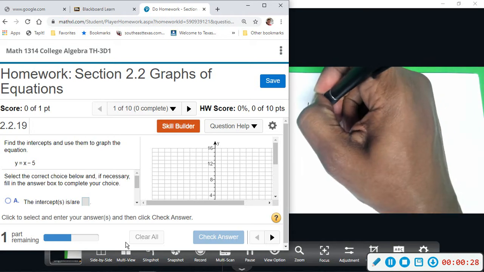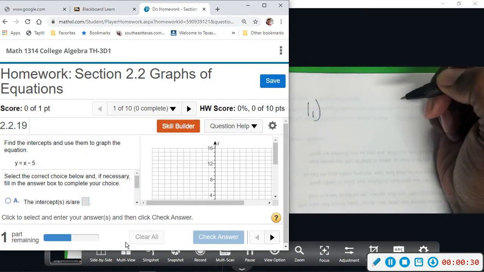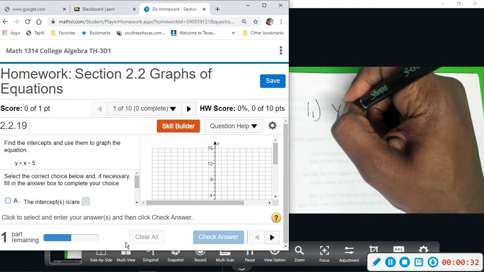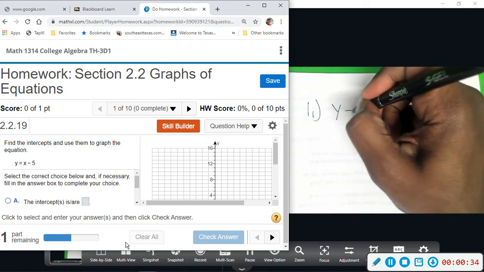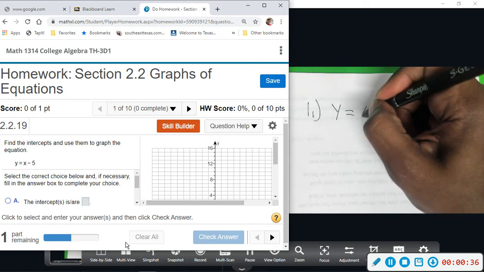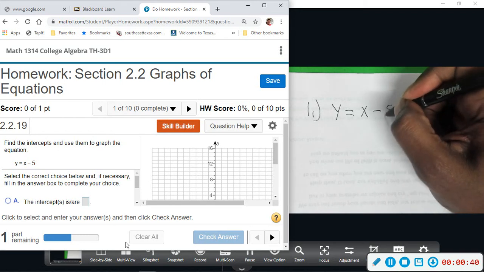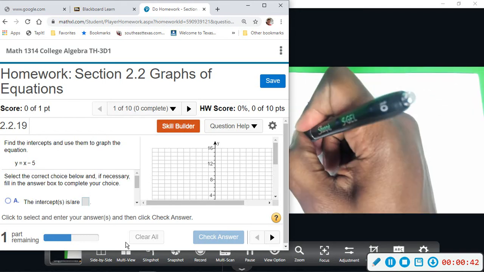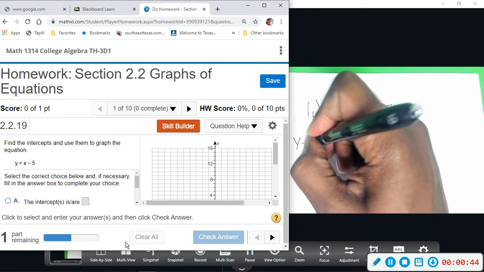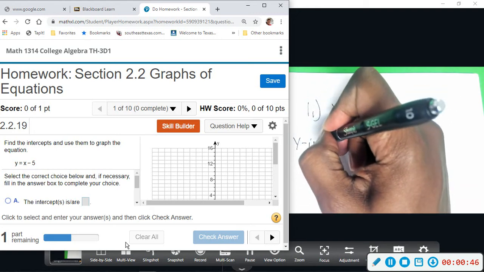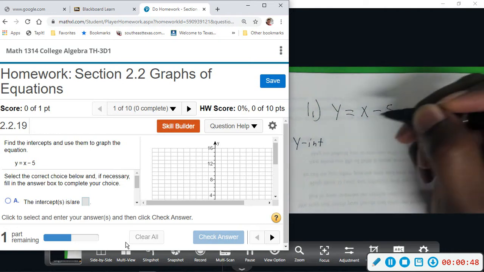With this one, graphing with the intercepts, when you're doing linear, all you need is 2 points to graph the equation. We're given y equals x minus 5. We're going to do the y-intercept first, abbreviated y-int.